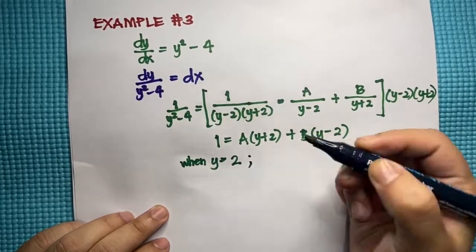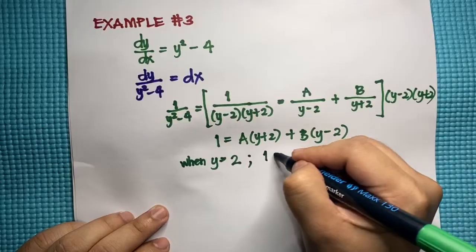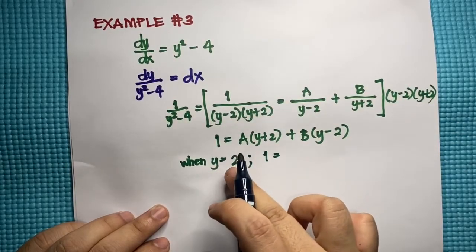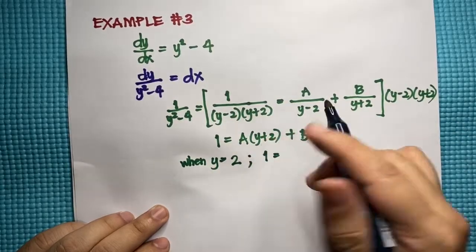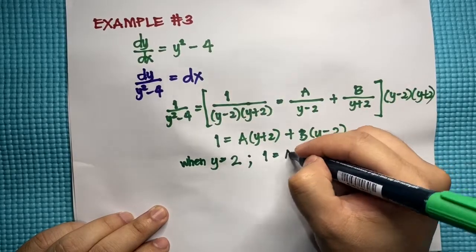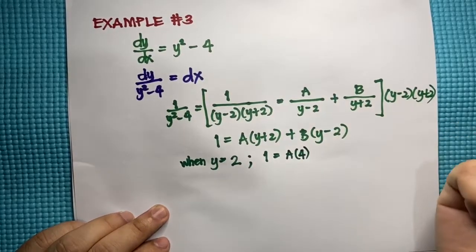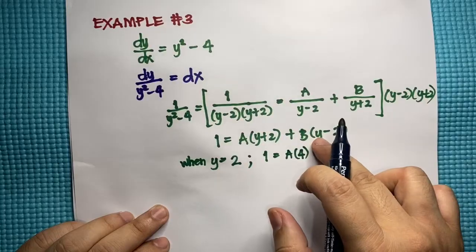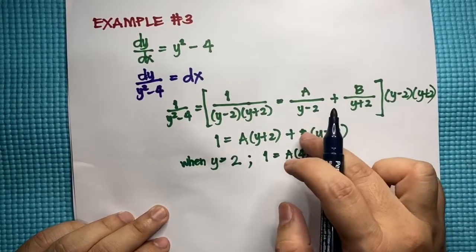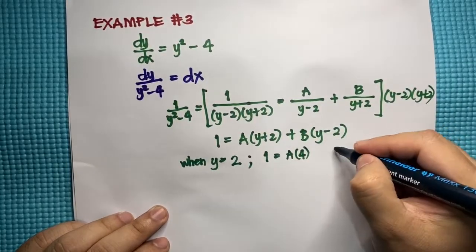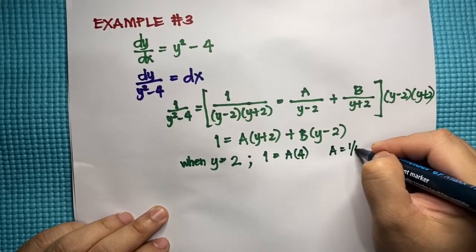So giving us 1 is equal to, when y is 2, 2 plus 2 is 4, so A multiplied with 4. And y is 2, 2 minus 2 is 0, eliminating the value of B. So giving us A to be equivalent to 1/4.